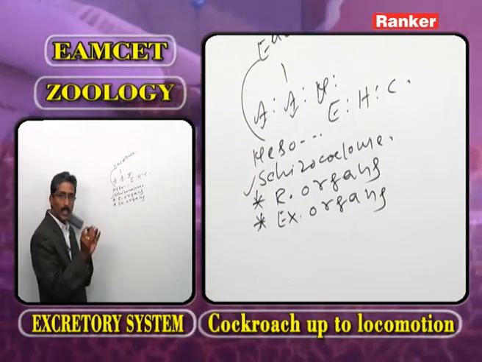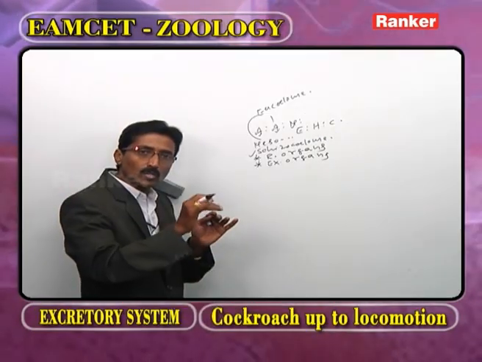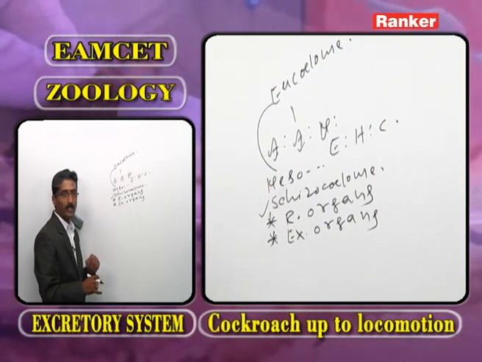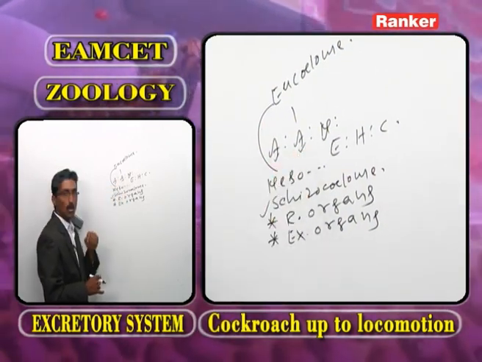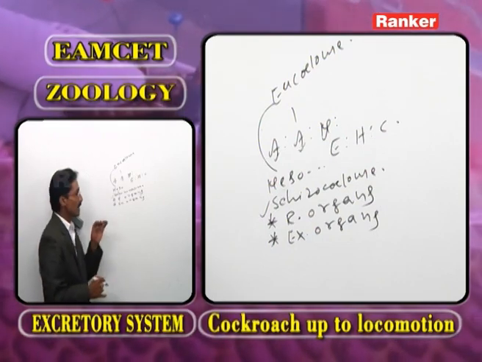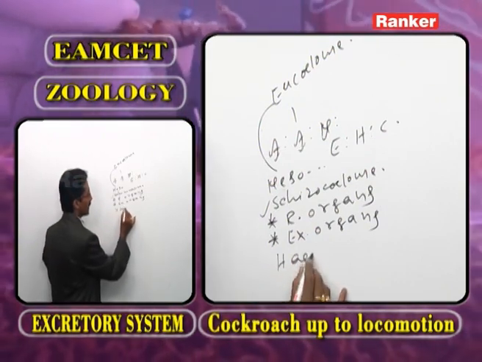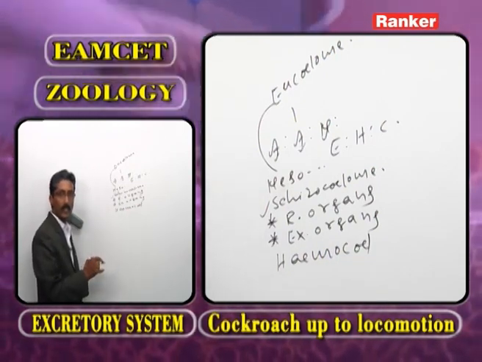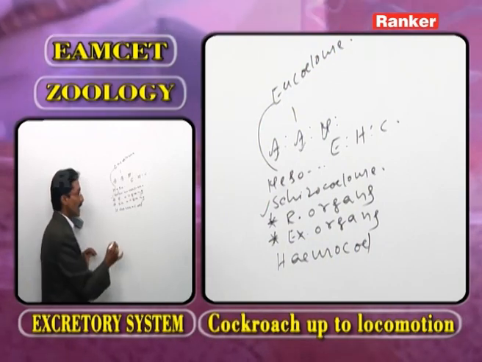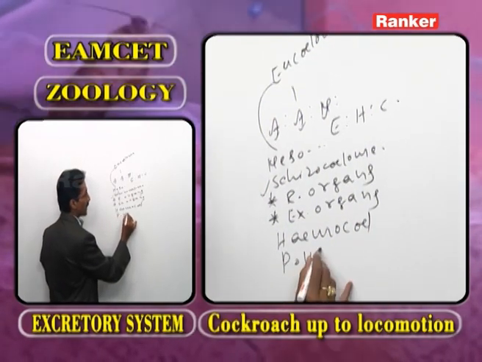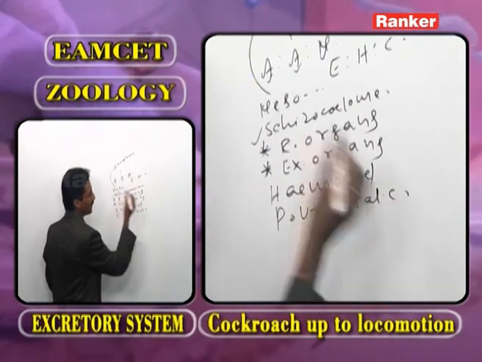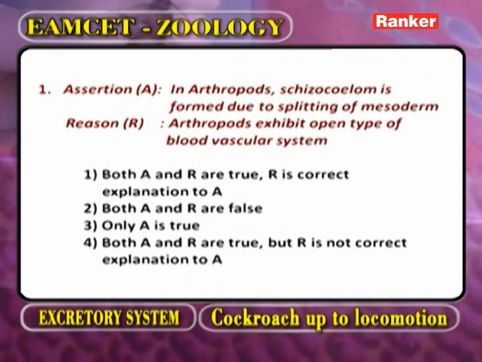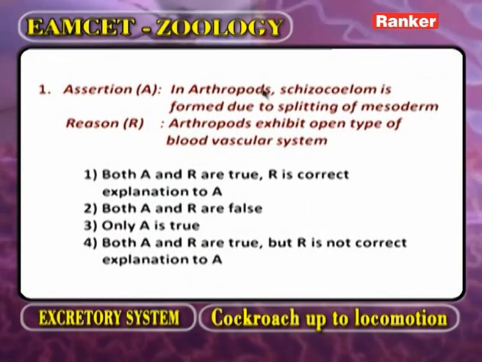If the schizocoel is confined to reproductive organs as well as excretory organs, it means in Arthropoda, in the adult stage, what is the functional body cavity? Hemocoel. Why is it called hemocoel? Because it is filled with colorless blood. What is the other name of hemocoel? Perivisceral cavity.